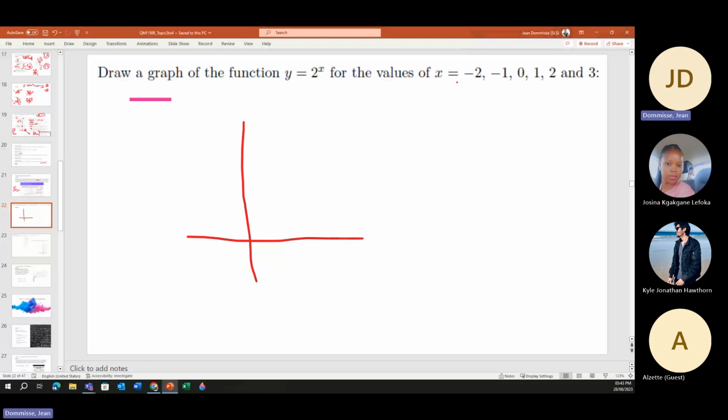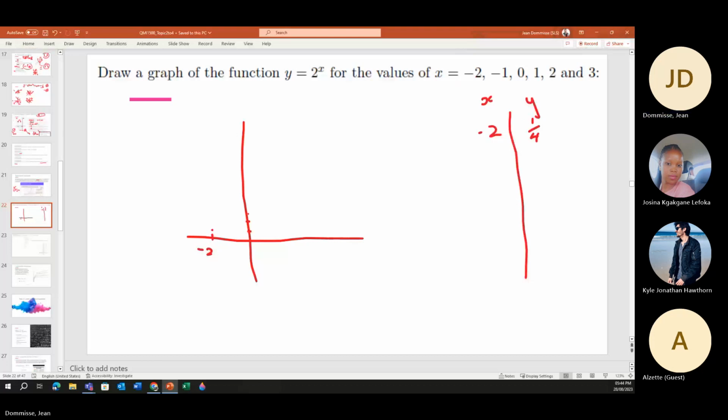So where x is -2, what is your y? 2 to the power of -2 is equal to a quarter. So if I've got x here and y there, when I sit with -2, y will be 1/4.